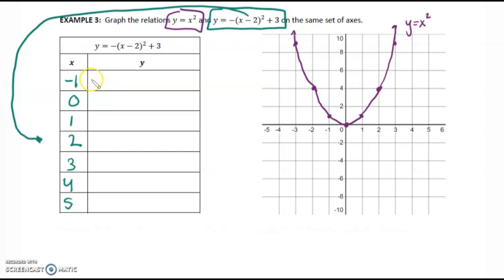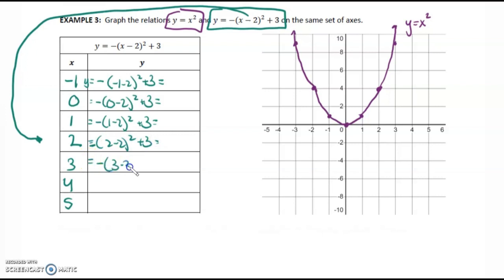This equation is going to be a little bit more complex. It's going to be negative of negative 1 minus 2 squared plus 3, and then negative 0 minus 2 squared plus 3. I'll put a y for the first one. Then negative 1 minus 2 squared plus 3, and then negative 2 minus 2 squared plus 3.